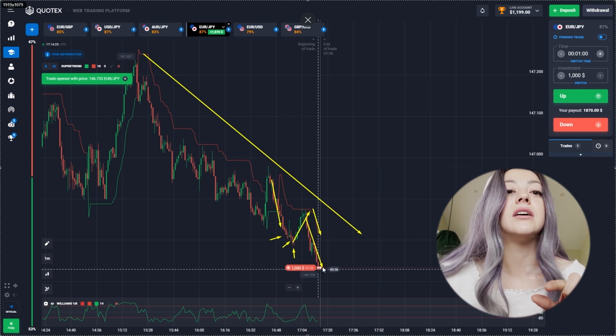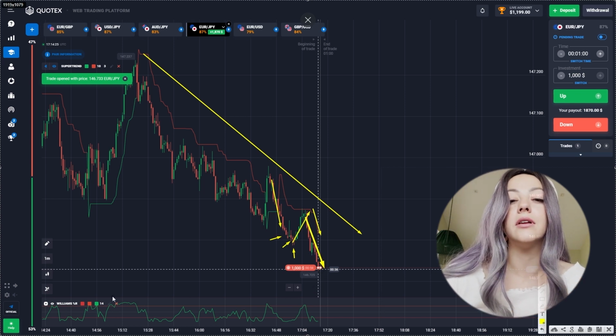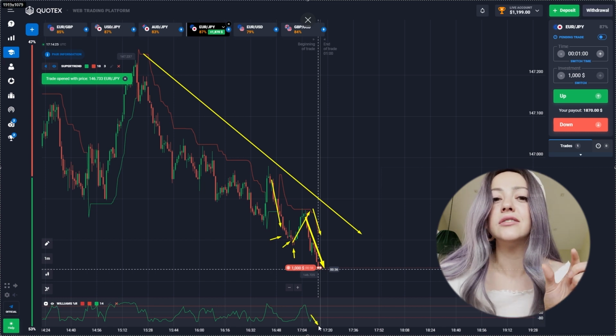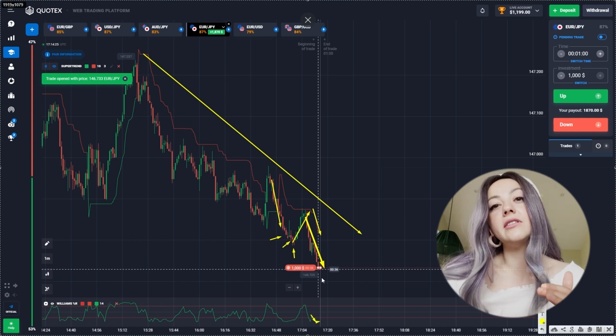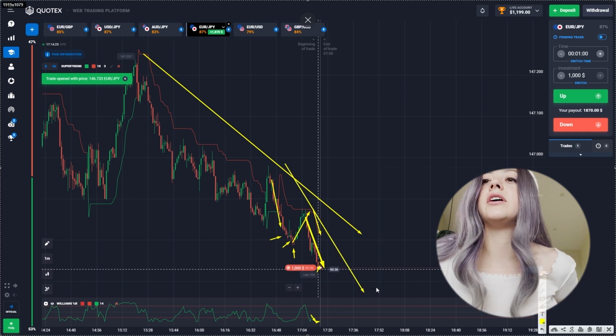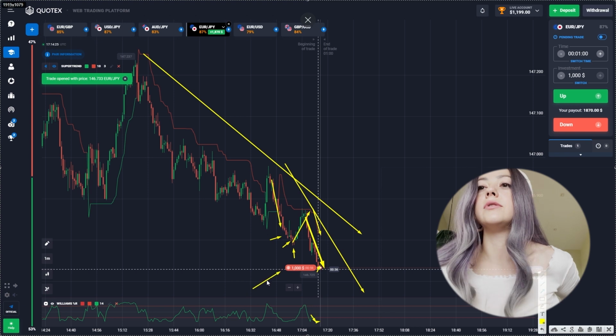According to Williams, we are in the very low areas, and even though there is a little consolidation, the general tendency is still descending. So I'm pretty sure it was the correct decision to enter down.